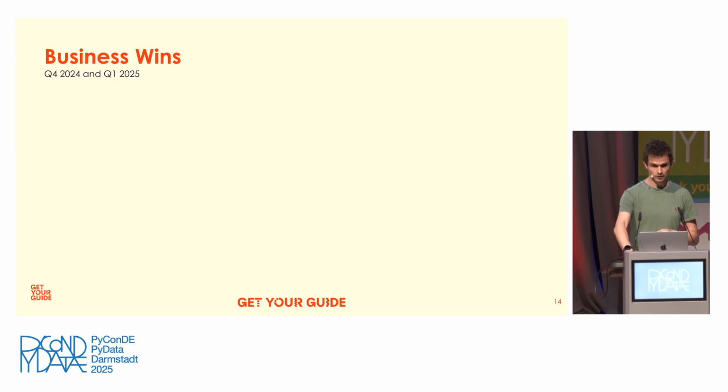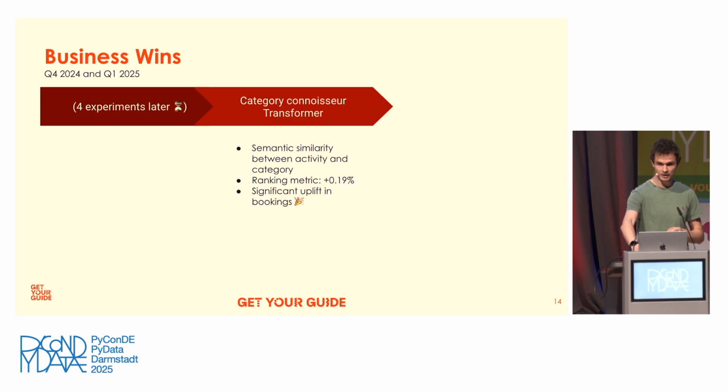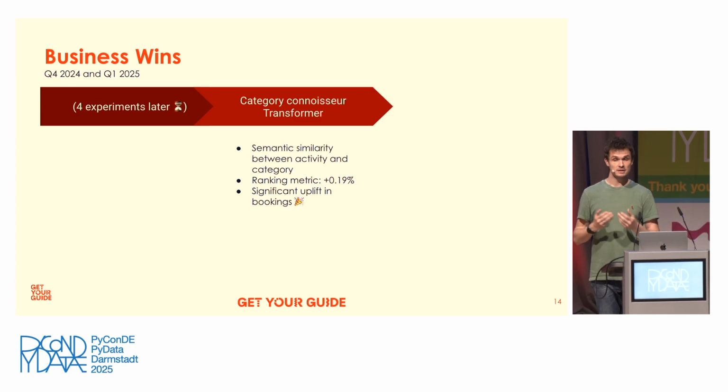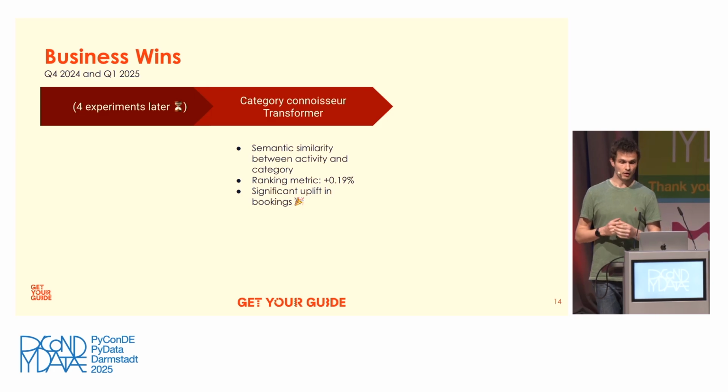And actually, in Q4, that was the goal, and it still took us quite a few experiments. So four experiments later, without a business win, we finally got our first win. So here what we did is, on top of all the things that I explained before on the transformer and the data set improvement, we added the semantic similarity between the activity that we have and the category of the page.